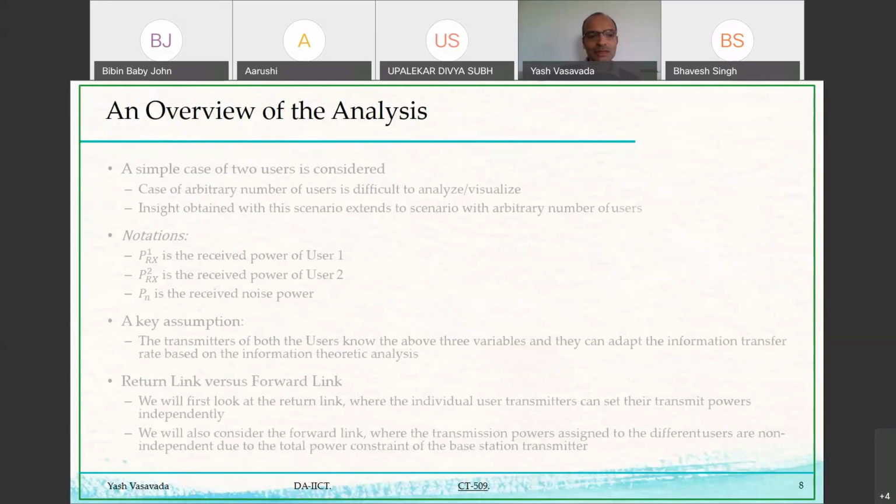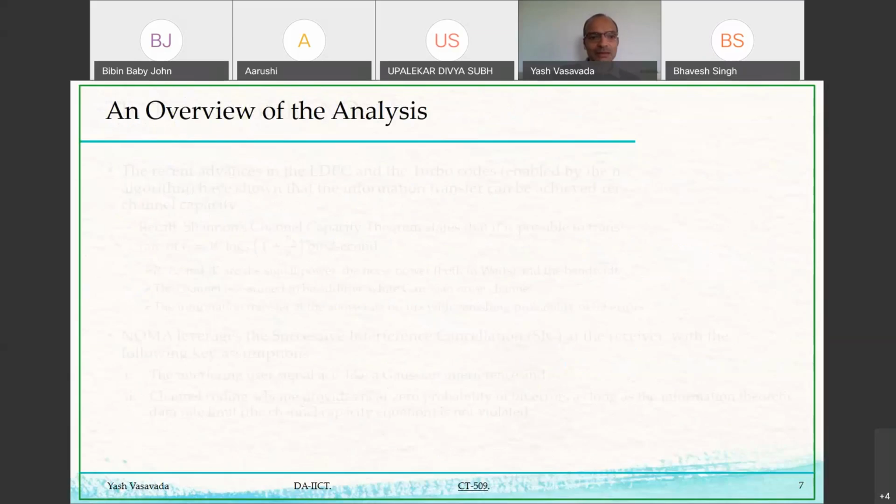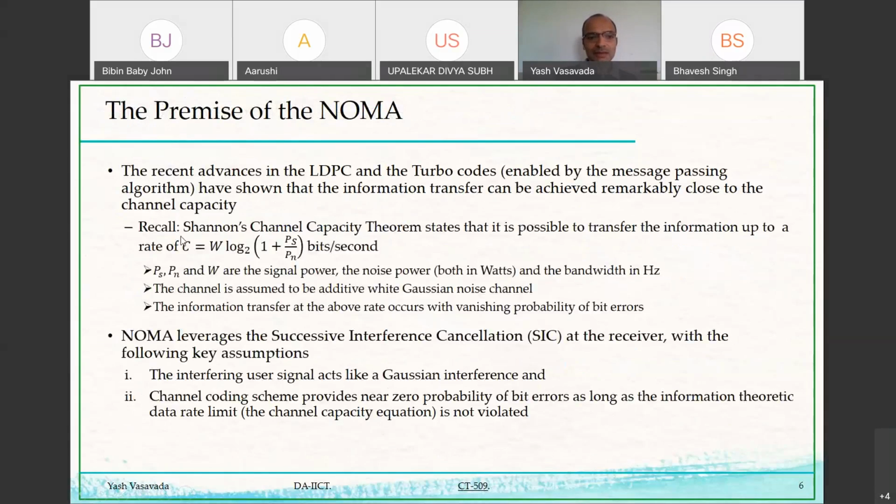Remember, the actual channel capacity formula is this here: C equal to W times log base 2.